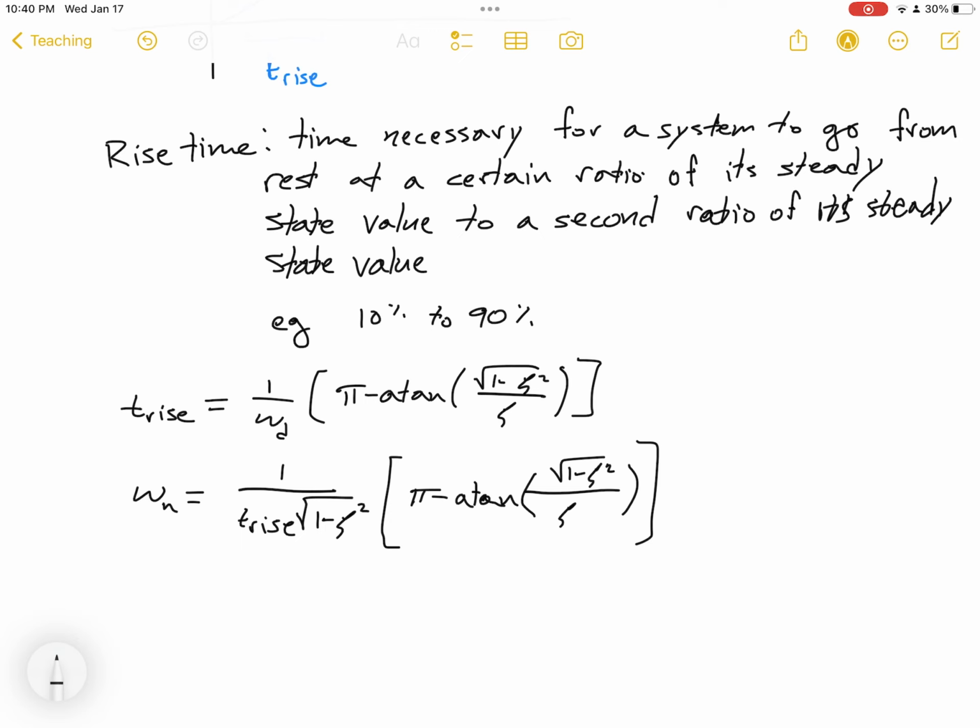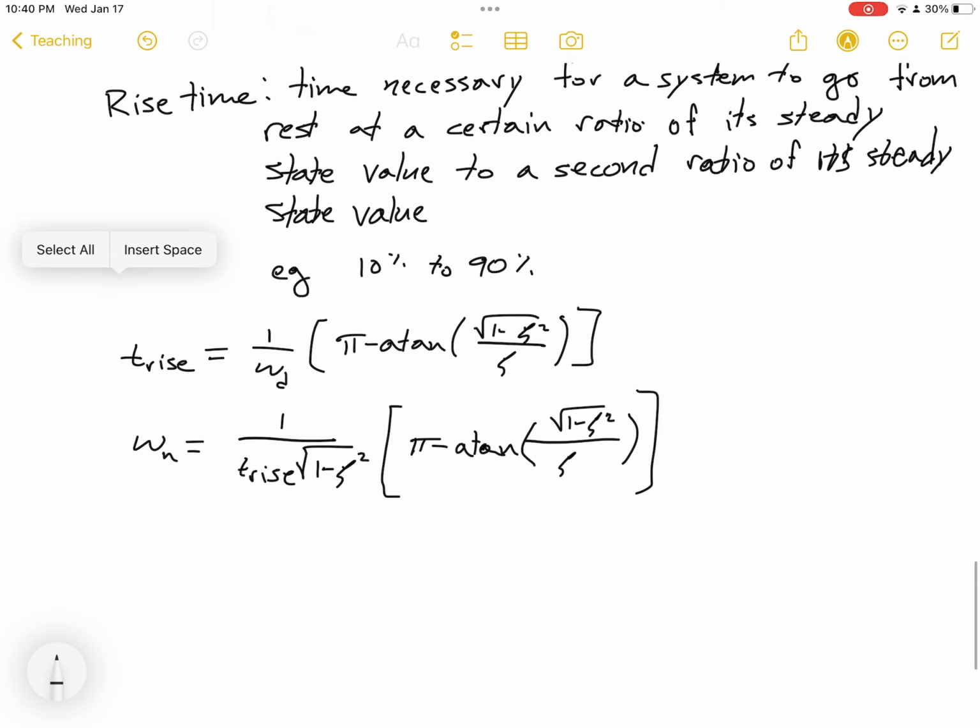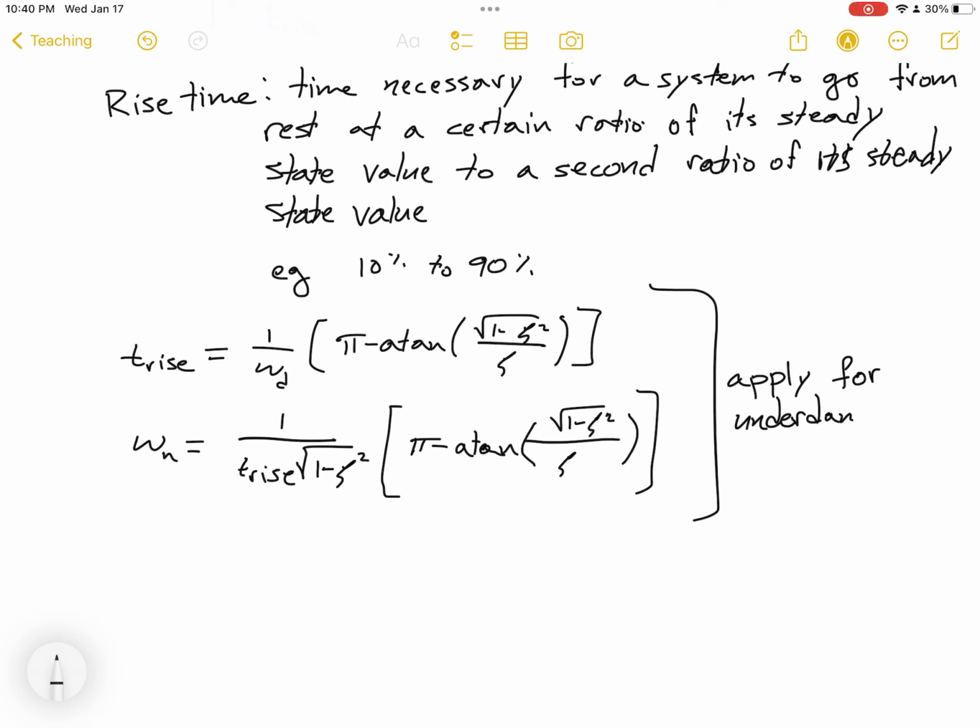So you can use these two equations. We'll say that these apply for underdamped systems when rise time is considered going from 0% to 100% of the steady state value. We'll go ahead and take a break there and do the next time specifications in the next video.